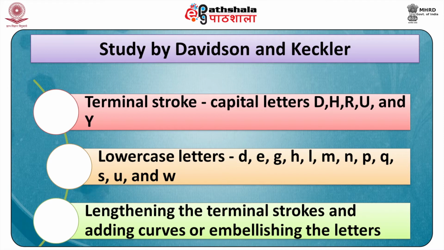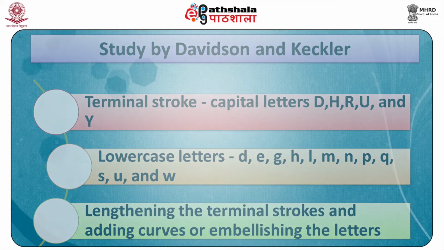The most commonly changed lowercase letters were letter D, E, G, H, L, M, N, P, Q, S, U, and W. Lengthening the terminal strokes and adding curves or embellishing the letters were the most common methods for changing the terminal strokes.